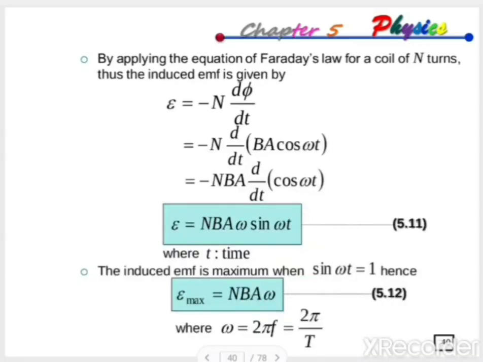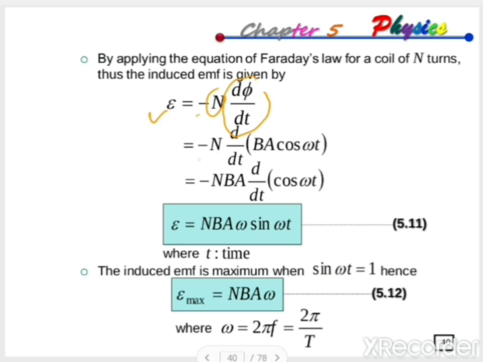By applying Faraday's law, with N turns, the induced EMF is given by negative the number of turns times the rate of change of magnetic flux.